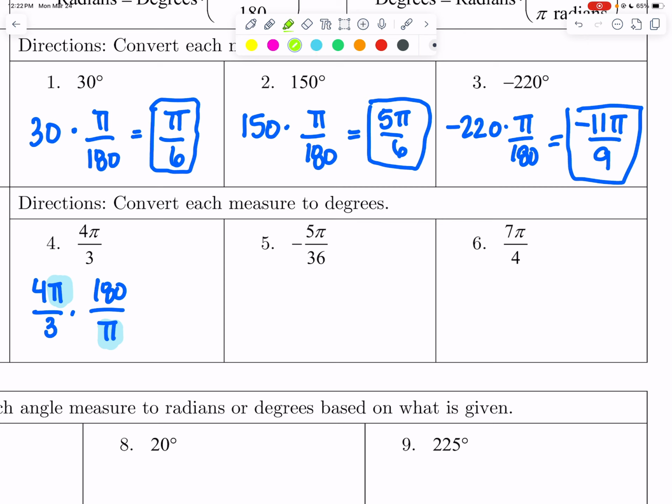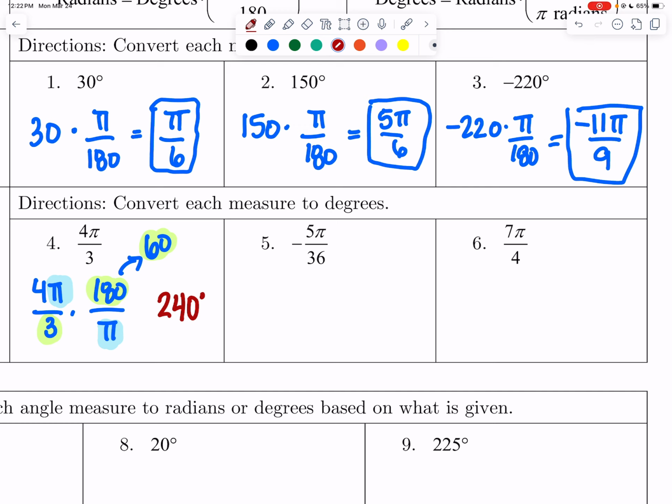So I am not going to multiply across because 4 times 180 is kind of big. Instead, I could probably do 180 divided by 3, which gives me 60 degrees. And then I'm going to multiply by 4 right here, which gives me 240 degrees. So my answer here is going to be 240 degrees.